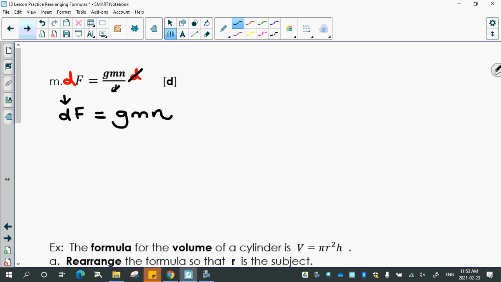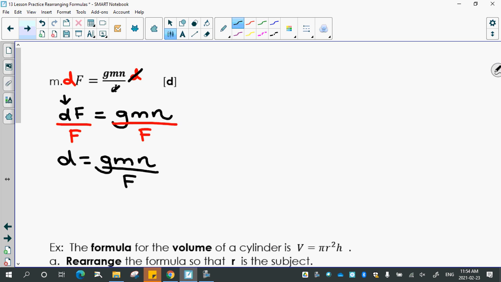Divide by F, good. So the formula with D as the subject is D equals G M N divided by F.